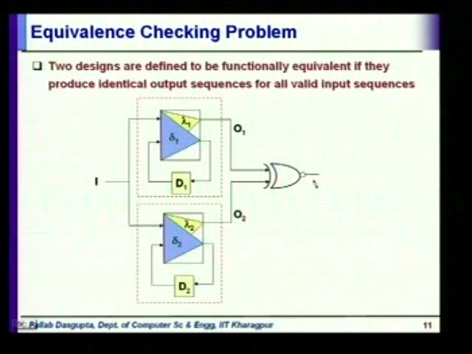Now the thing which is most popular is, where do we need this equivalence checking problem? Equivalence checking is typically done when your design goes through the synthesis flow, right? So you first enter your RTL, then from that you create the gate level design, then you refine the gate level design and optimize it.